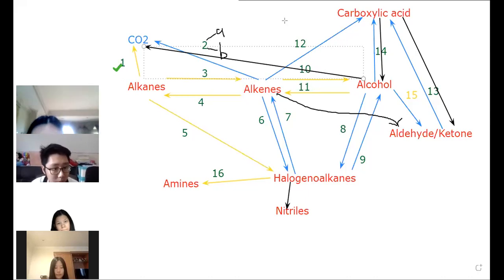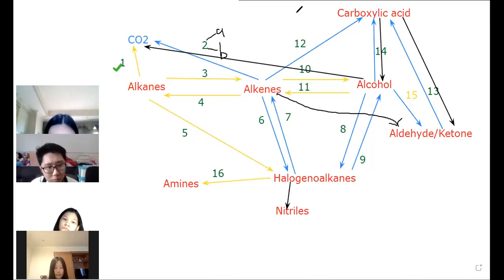Okay, for this one, B, do you still remember? Let me ask Lawrence. Lawrence, do you remember alkenes can become carbon dioxide, but it is not combustion? It undergoes hydrolysis. What is the reagent and what is the condition?